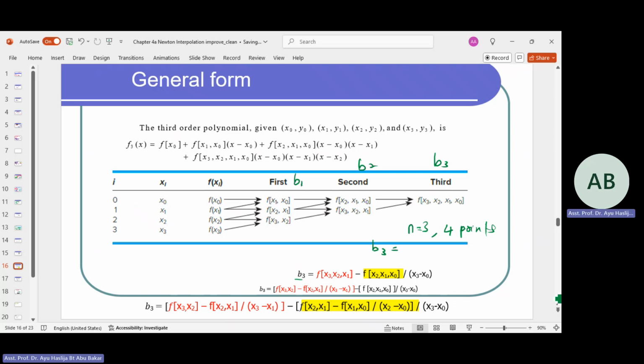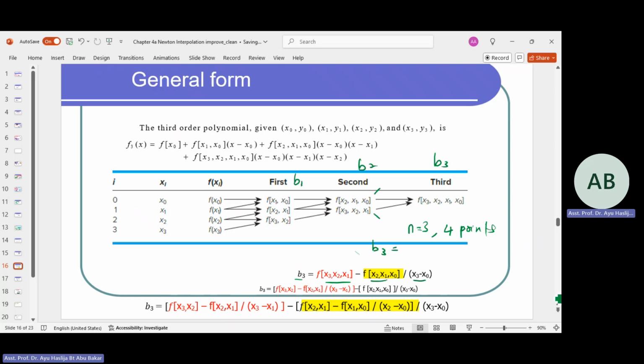Your B2 over here, this one minus this over the total distance. Or you can straight away substitute the value in the long equation. There are 2 ways to find B3. Using the example just now, it is n equals 2 until B2.